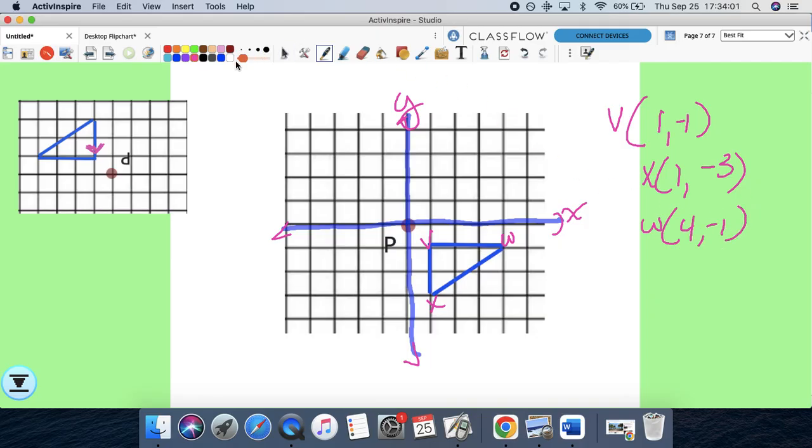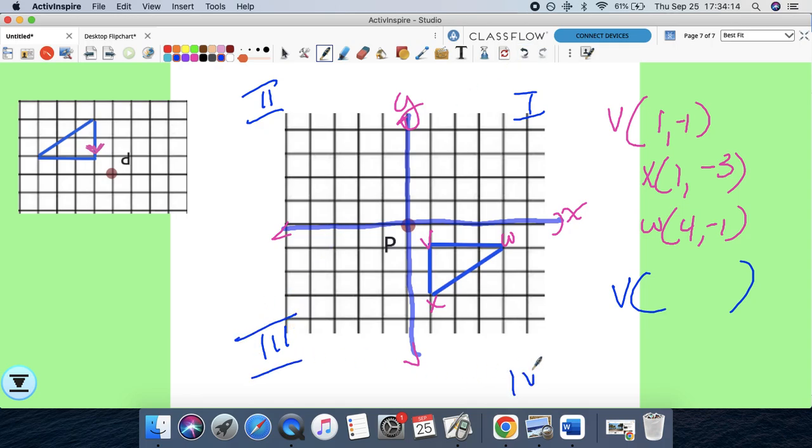So we're going to rotate these 180. So all these points are in quadrant 4. If they rotate 180 degrees, every single point is going to travel 2 quadrants. That's 90 degrees plus another 90. So they will all end up in quadrant 2.